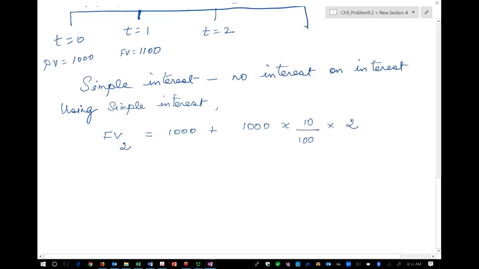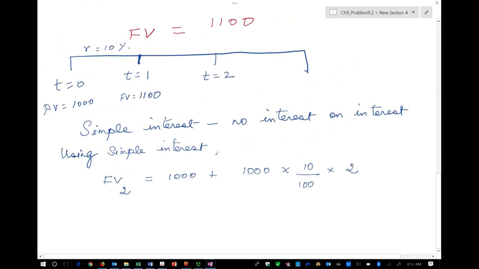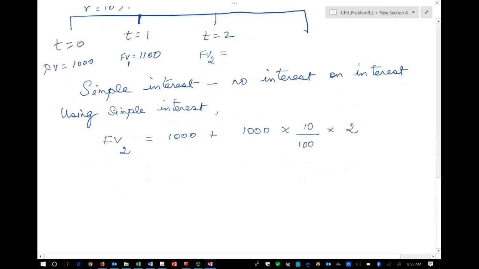I am going to indicate FV2 as the future value in year 2, and FV1 as the future value in year 1. So, the question is, what is FV2? FV2 would be equal to 1000 plus $200, which is equal to 1200. This is using simple interest.